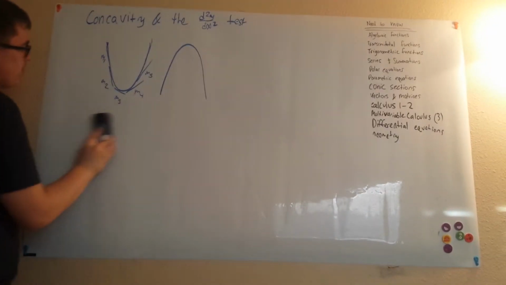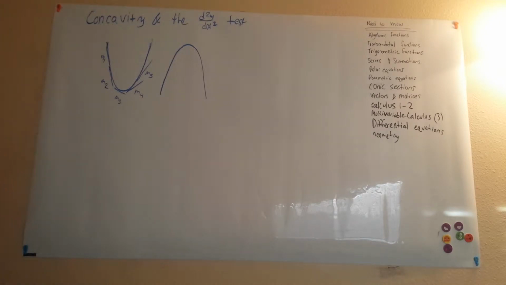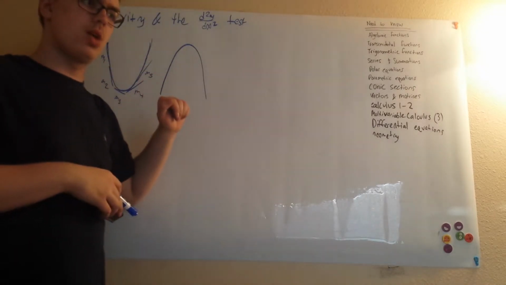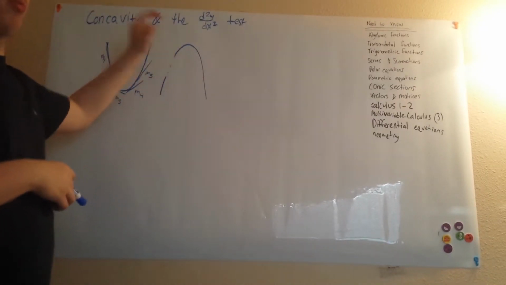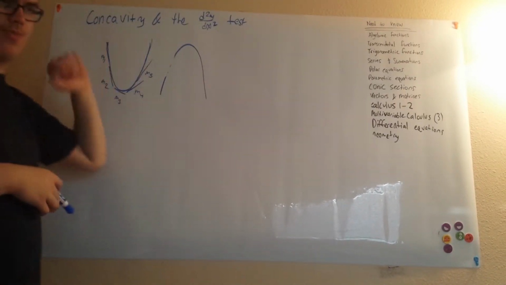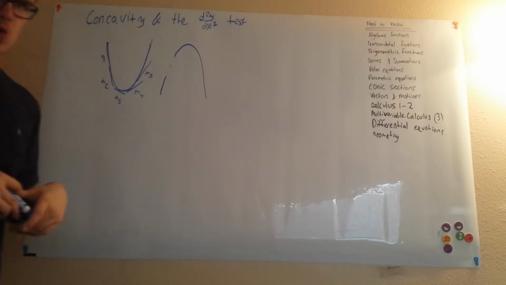So what is happening? Our slope is getting bigger and bigger. Our slope is increasing from negative to positive. It starts out negative, then goes up and up, and goes to positive. The slope is increasing.